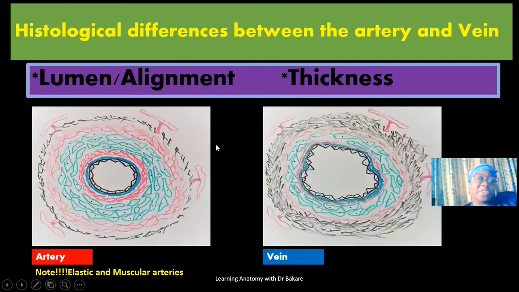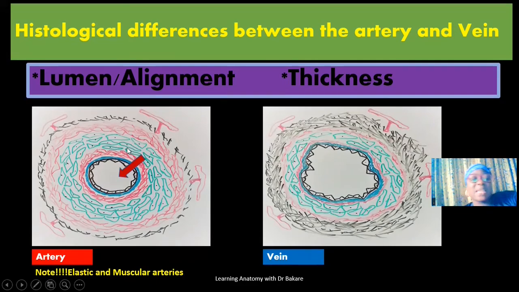If you look at the configuration of the artery, let's start with the lumen. In the artery, the lumen is smaller, and it is also well aligned. If you look at the circumference of the lumen, you see that it is not collapsed. It is well aligned. And this is because of the thickness of the tunica media.